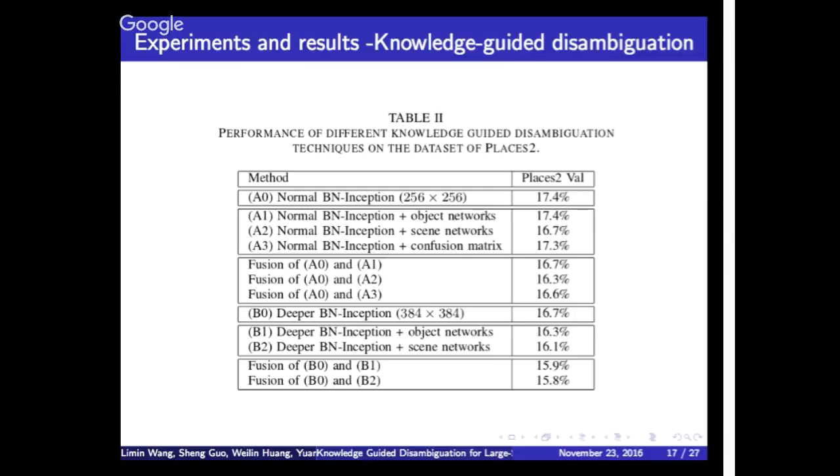They found that the best was a fusion of the deeper batch normalization inception network and the deeper batch normalization network with scene networks. When they say scene networks, they mean they are using an extra network trained on Places. And when they say object networks, they are using a network trained on ImageNet. And of course, it works better with Places than with ImageNet. I guess that is because it is a closer topic.